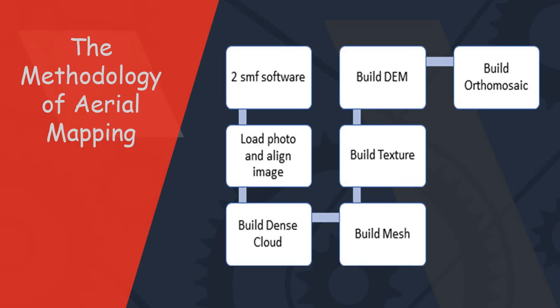After the DEM process is done, the next step is to build the orthomosaic. Orthomosaic export is most commonly used to create a high-resolution image from source photographs and a rebuilt model. To build and generate the orthomosaic, we set the dialog box first before continuing the step.